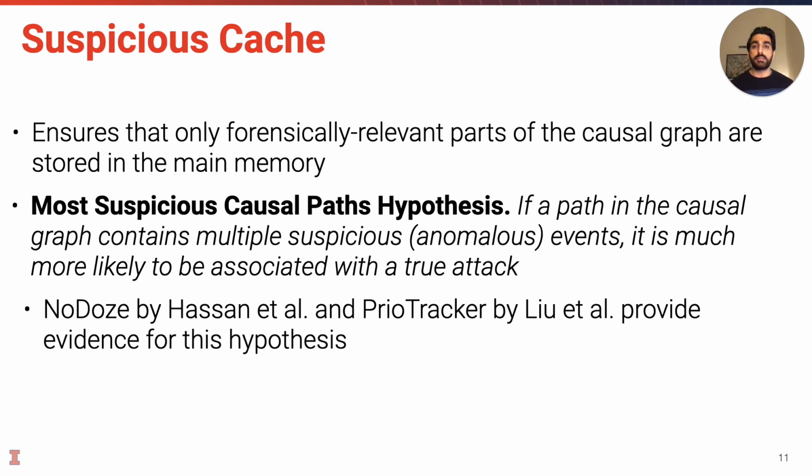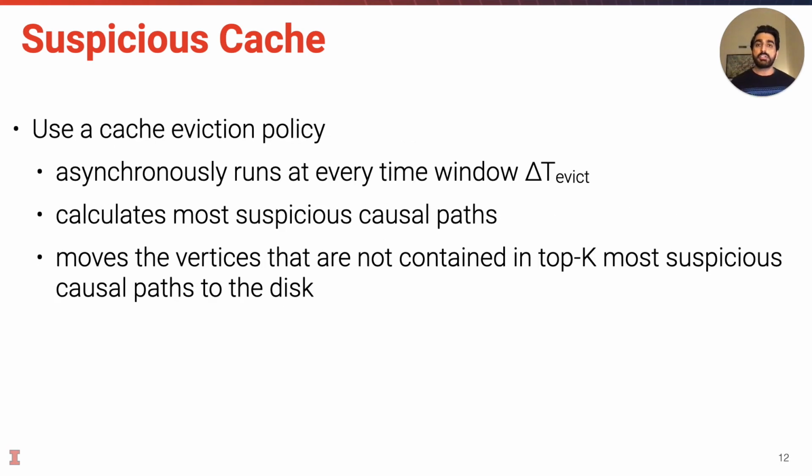So based on this hypothesis, Swift devised an eviction algorithm that prioritizes retention of vertices that fall in the top k most suspicious causal paths throughout the history of system execution and evicts the rest of the causal paths to the disk. In our eviction algorithm, we introduced a time window, delta t evict.